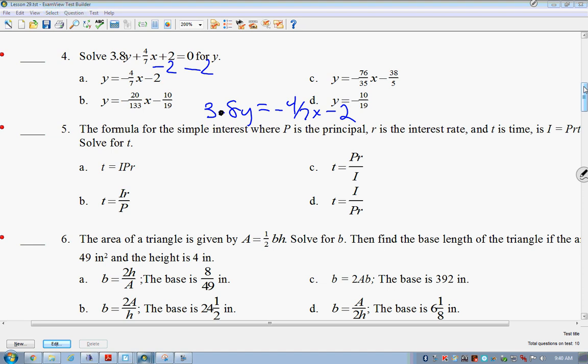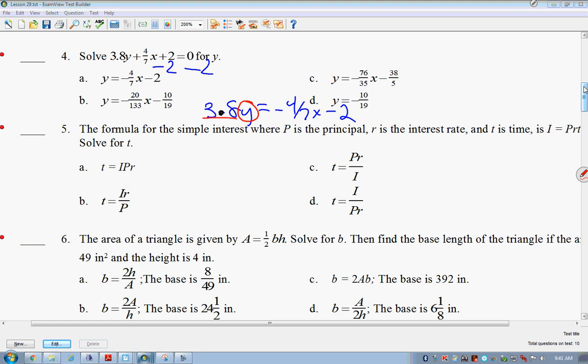Well, we had to subtract 4/7 x to get it over to that side. So adding 4/7 x to both sides is going to undo a step we've already done. Keep in mind, what is it that we're trying to isolate? What are we trying to keep by itself? Y. What is keeping y from being alone?